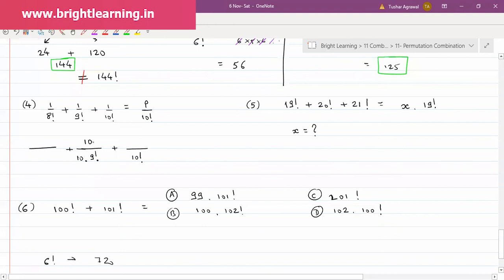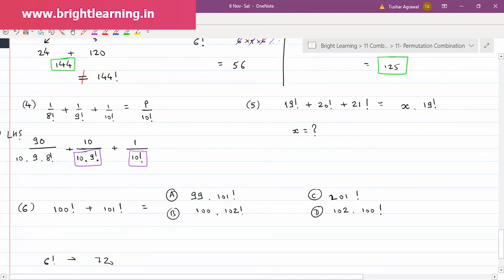So is my denominator 10 factorial? 9 factorial multiplied by 10 is 10 factorial. Sir, 8 factorial was already present. Yes. To convert this denominator into 10 factorial, I multiply by 9 and 10, and the numerator also by 9 and 10, that is 90. And this one was already there. This is my LHS.